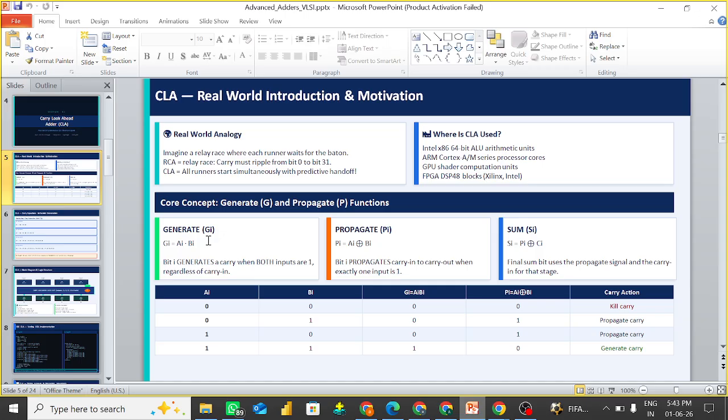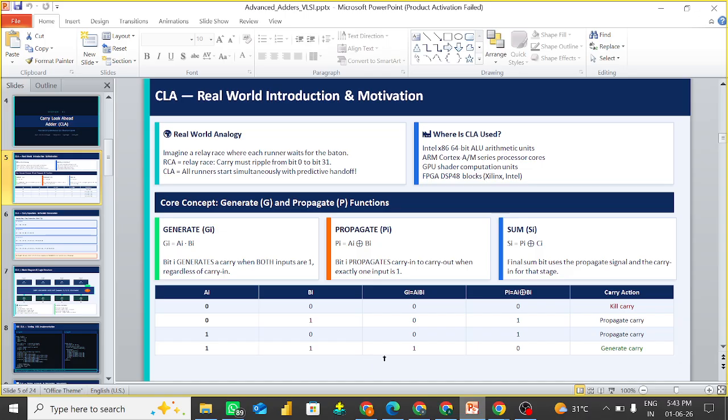In this last case you can see that Ai and Bi are equal, both are one, right? So at that time you only got your generate signal as one. So this generate signal is going to tell at what case your inputs are generating that particular carry in.